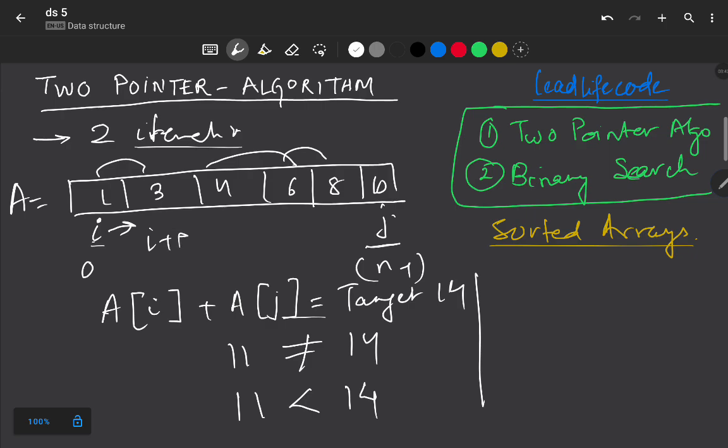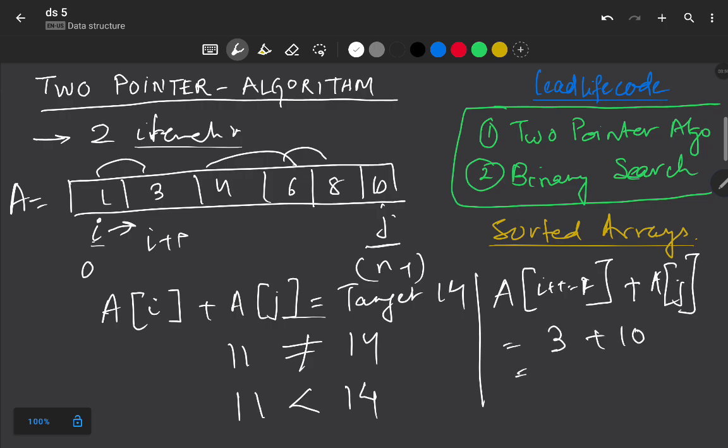Now A of 1 plus A of J, where J stays there. So what is coming now? It is 3 plus 10 equal to 13. Again 13 is less than 14, so you iterate I again.